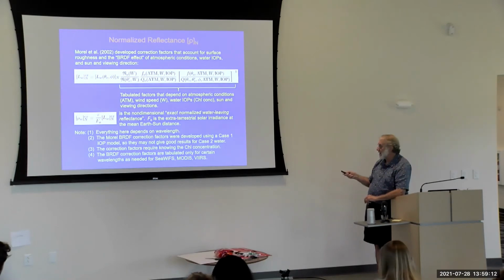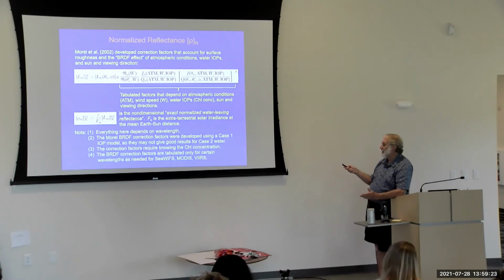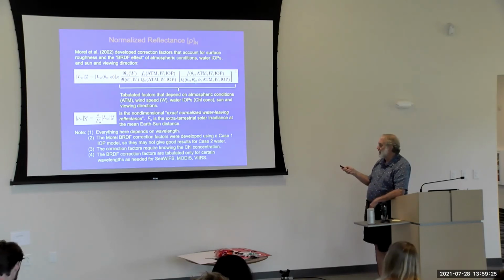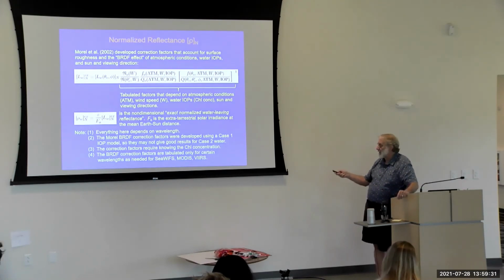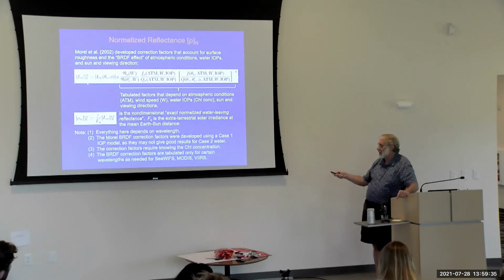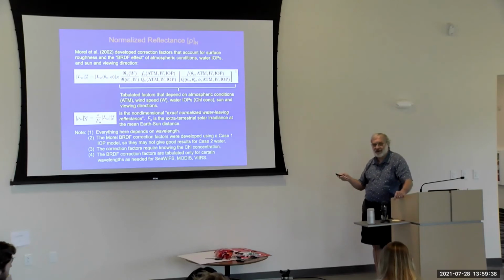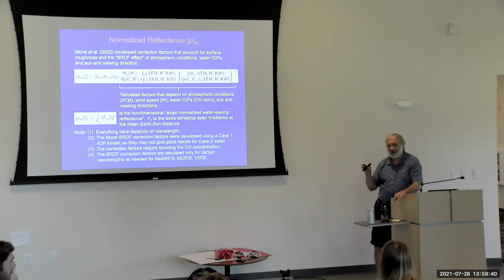And then when you do this correction, you go off to the lookup table and you say, well, the wind speed was 5, the sun was at 45 degrees, I was viewing it at 30 degrees off nadir and 135 here, and you look up the magic number that converts this into what he calls the exact normalized water leaving radiance. Well, it's not quite exact.